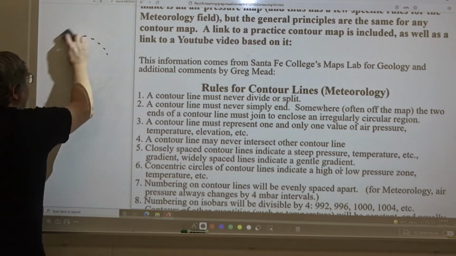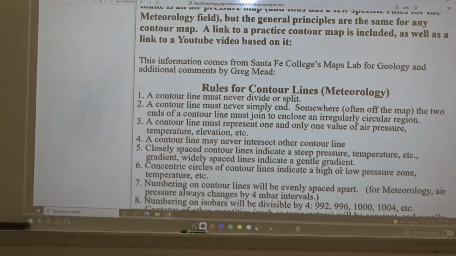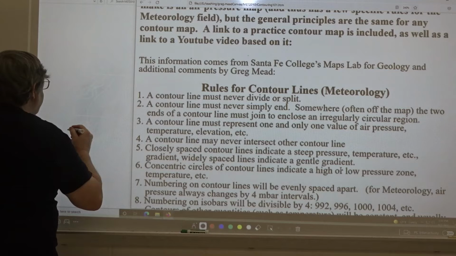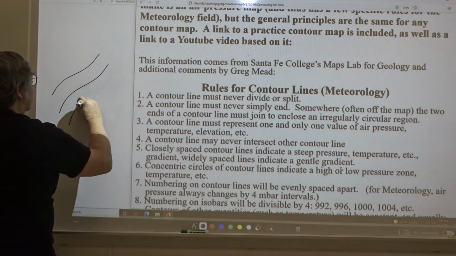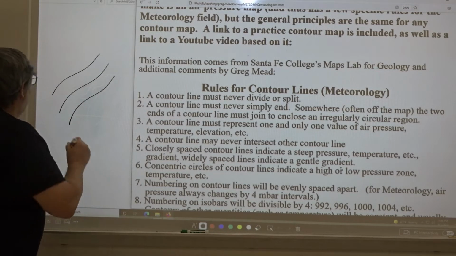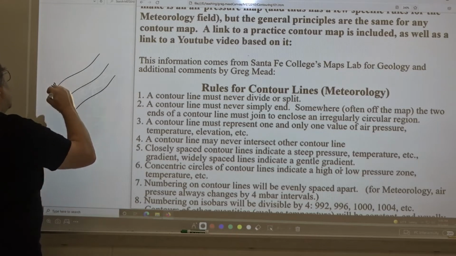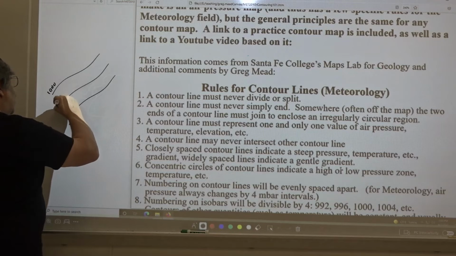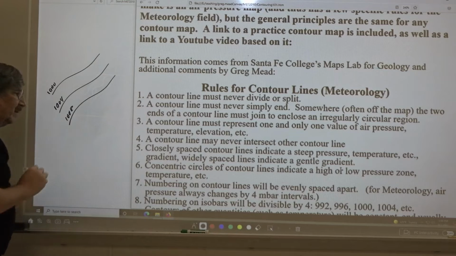Number three is really more of a question of avoiding errors. The contour line must represent one and only one value of air pressure, temperature, elevation, etc. Sometimes I've seen people drawing a whole series of contour lines like this, and as they label them, they might have this one to be 1000, 1004, 1008, like that.